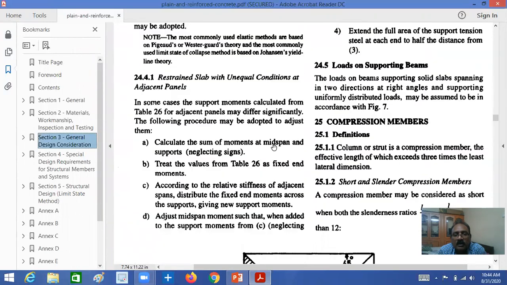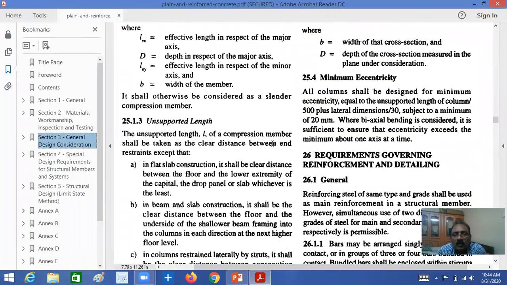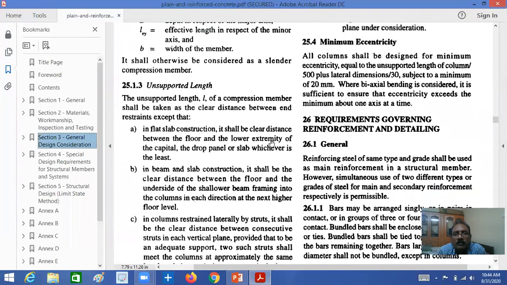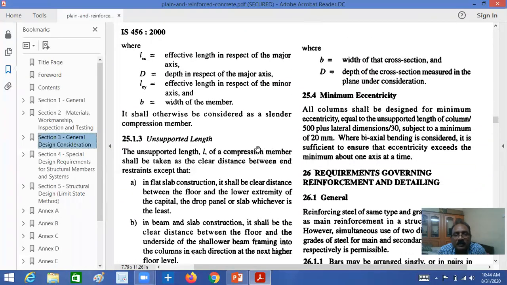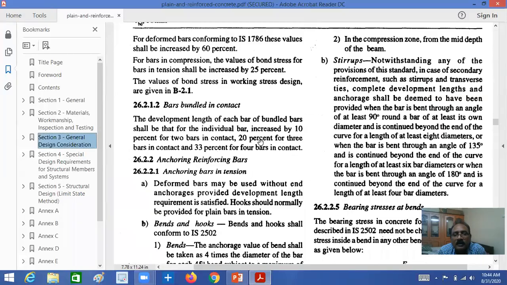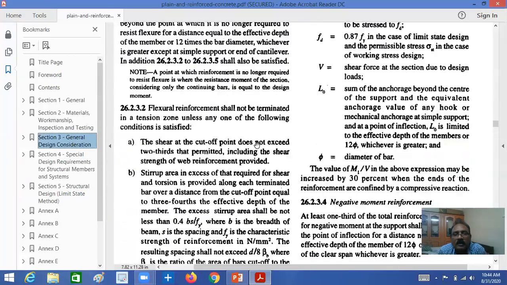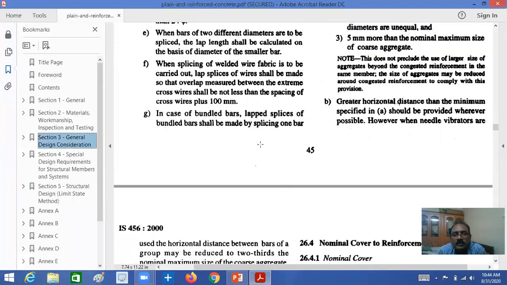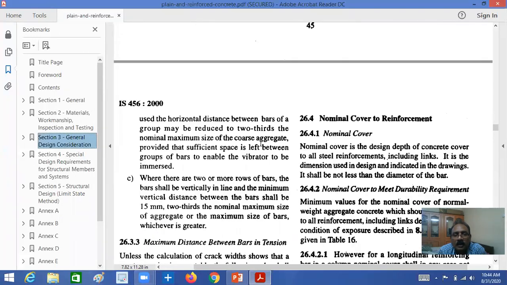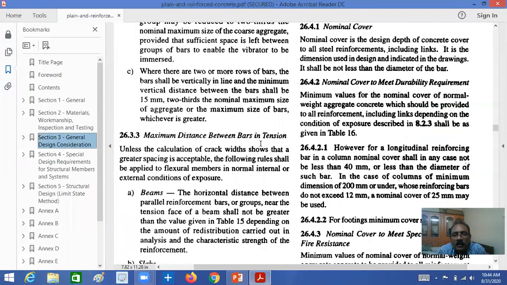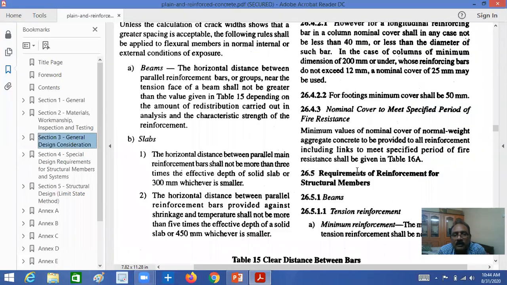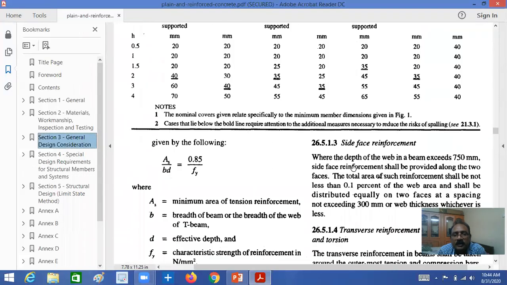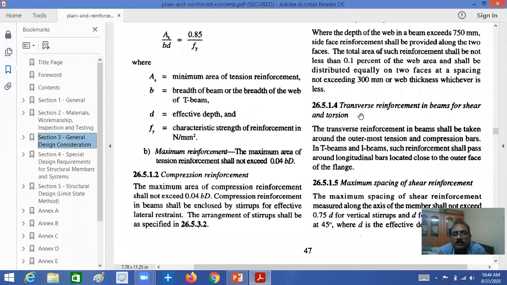For columns, what is the minimum eccentricity given here? Nominal cover is 40 mm for columns. For slabs, clear distance is given, and side reinforcement is given.